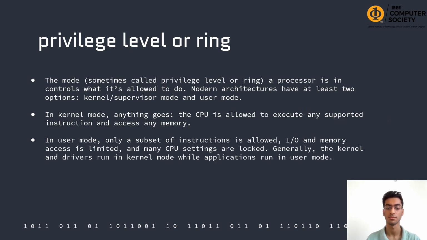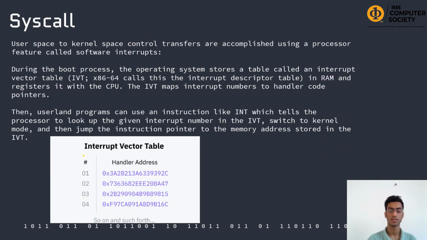Now we shall move on to syscall. The programs that run in user mode run in user mode because they cannot be trusted with full access to our computer's resources. Some memory is limited, some CPU settings are locked, and output and input is restricted.